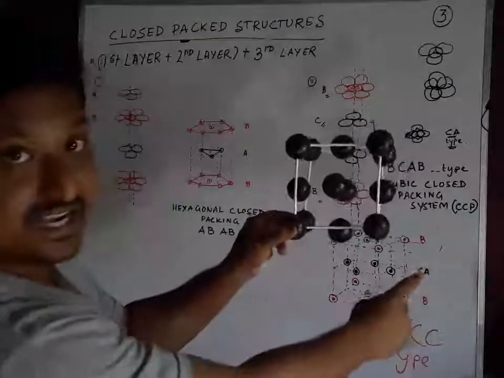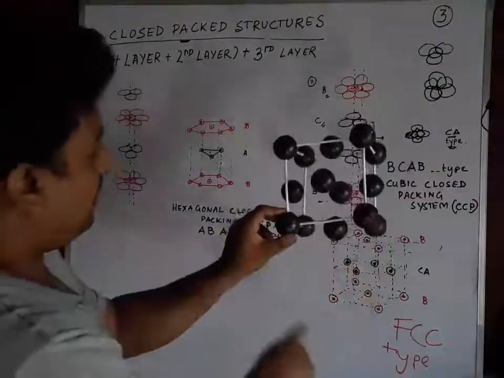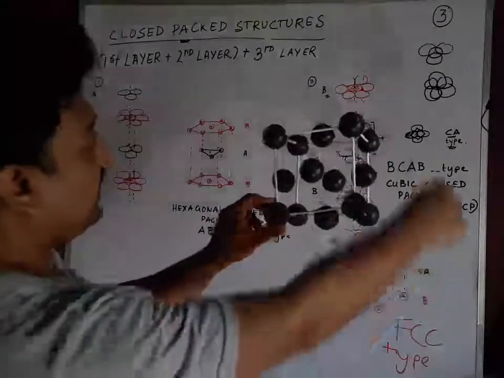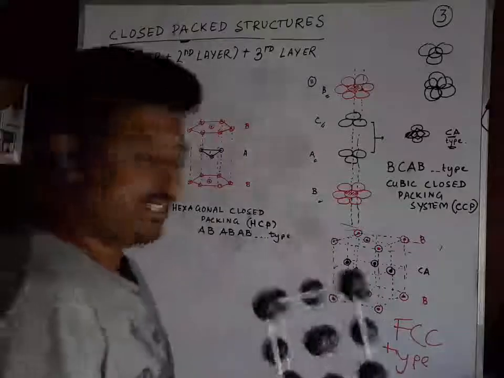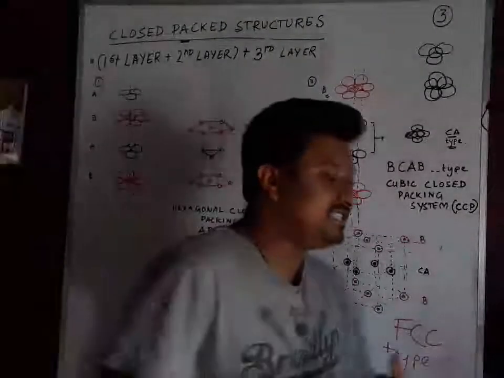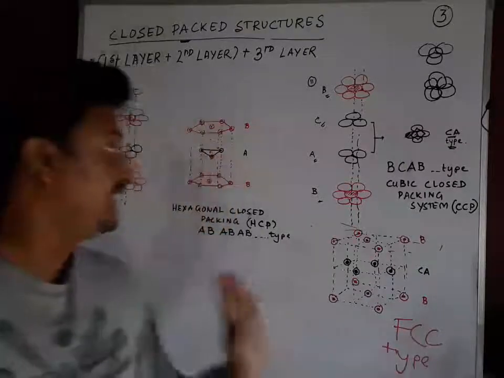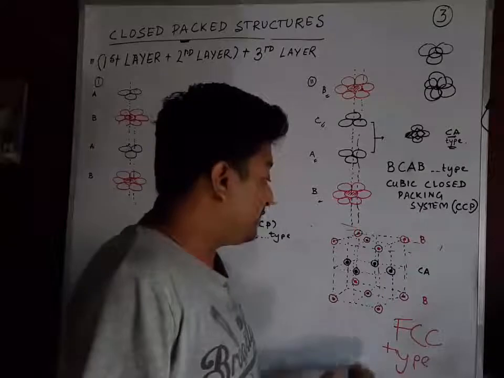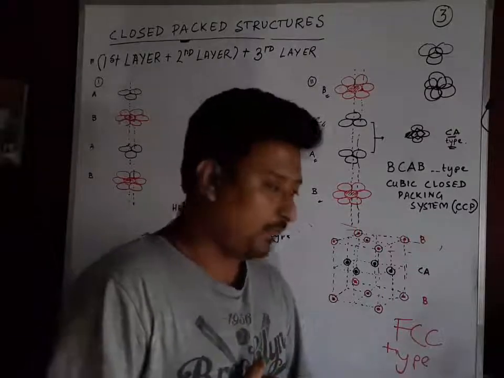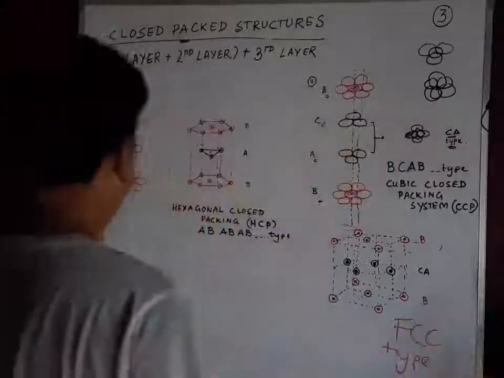And at the end you have the same hexagonal B type lattice. So it's indeed an FCC lattice. So the CCP cubic crystal packed structure, which is a BCAB type arrangement, finally ends up forming the FCC lattice.